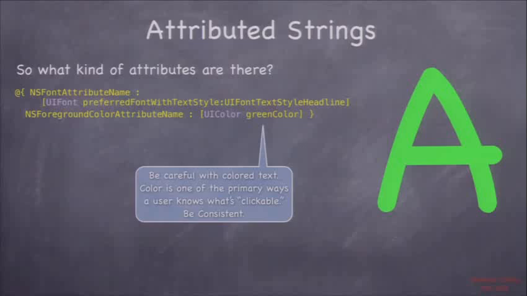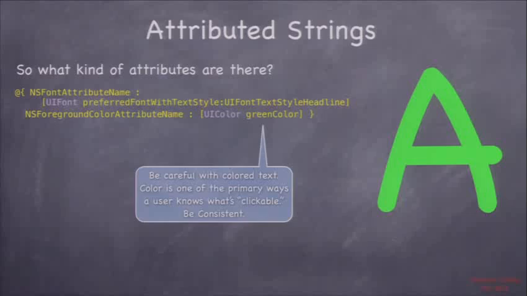Be a little bit careful when you create an attributed string that has colored text, because in iOS 7, the color of text sometimes is an indicator to the end user of what they can touch. It turns out apps in iOS kind of have a color theme. The default is blue. That's why the buttons that we make will be blue.